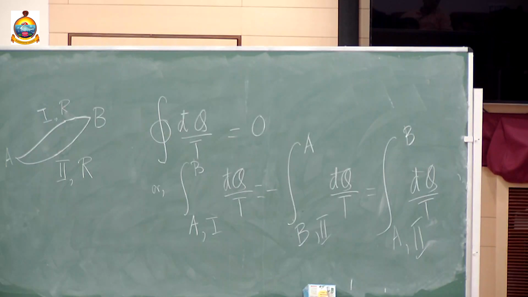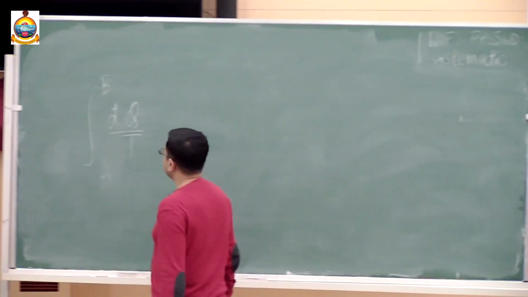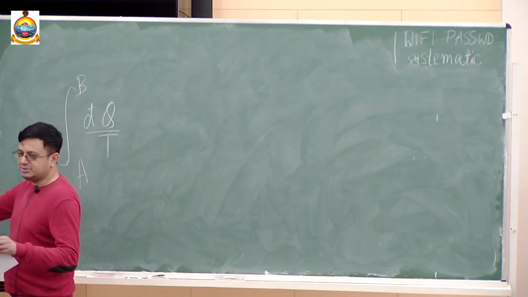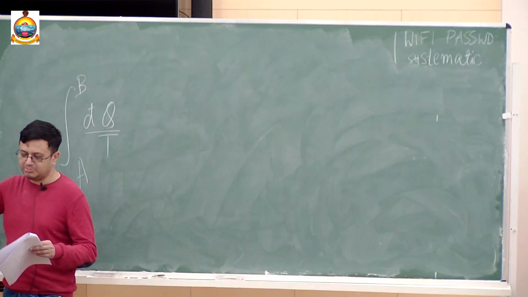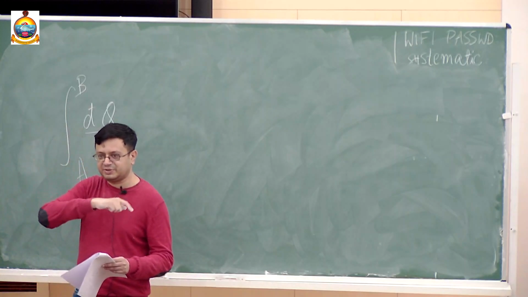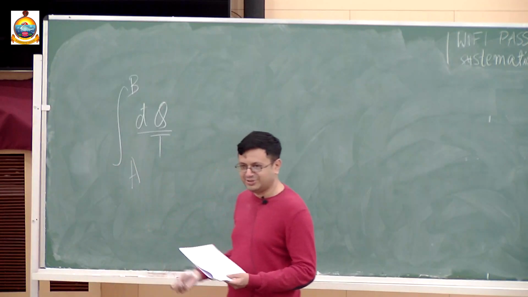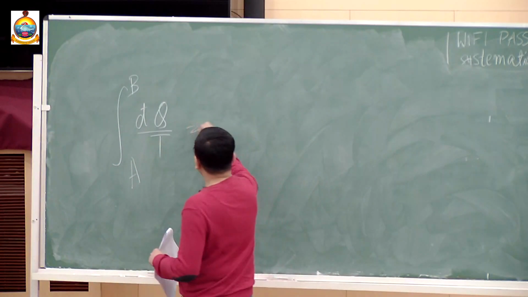And therefore, this quantity, the integral from A to B of d cross q by T, must be a function that depends on just the endpoints, because if I go along path 1 I get the same value as along path 2, 3, 4, 5. Actually 1, 2, 3 and infinity probably, I don't know.